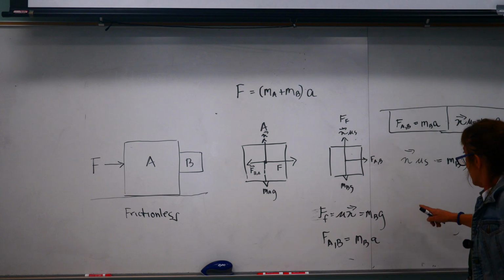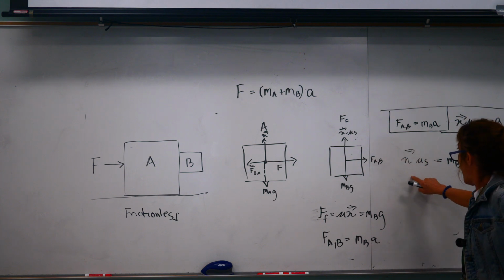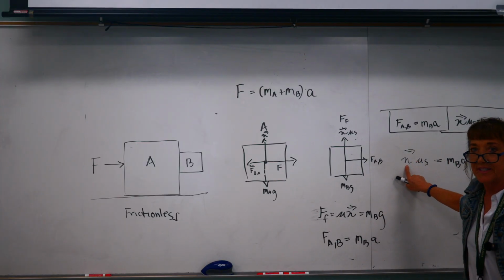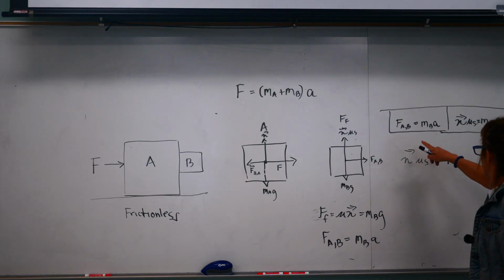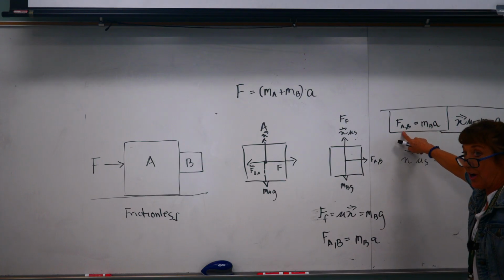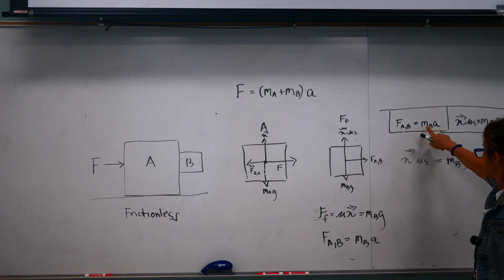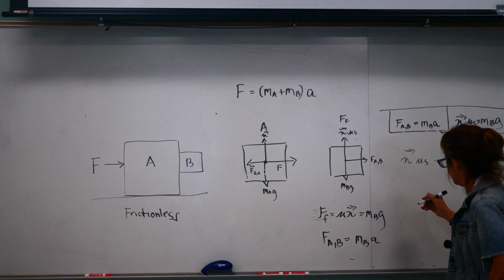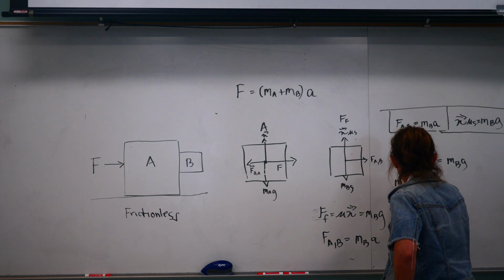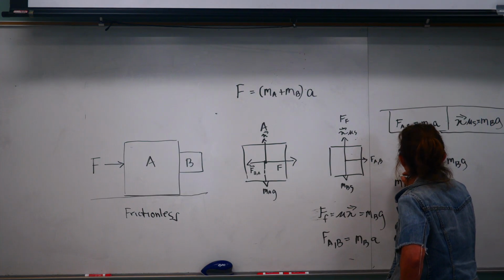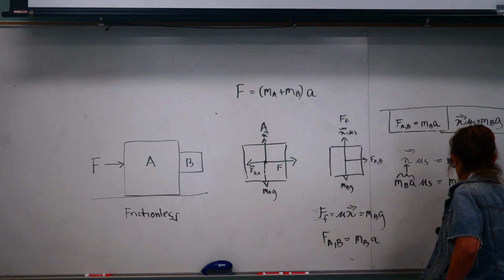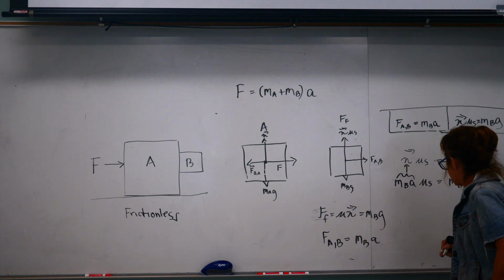Okay? The N mu_s equals the weight of B. But the normal force is equal to the force of A on B, which is equal to the mass of B times acceleration. So the mass of B times acceleration times mu_s is equal to the mass of B times gravity.